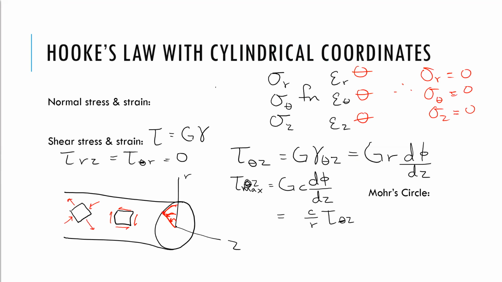So it's important, just because we're talking about torsion doesn't mean that there's not normal stress in this member. It just means that when we're looking at a material that's in the R theta Z orientation, there's no normal stress on that orientation. Okay.